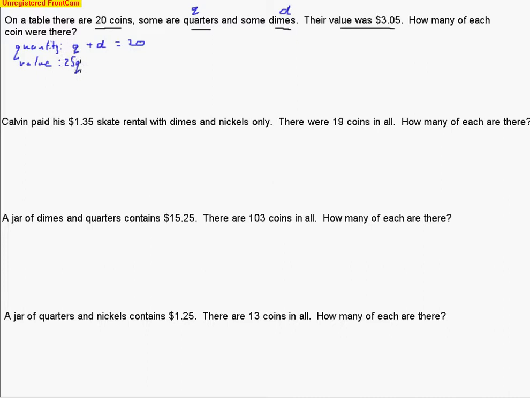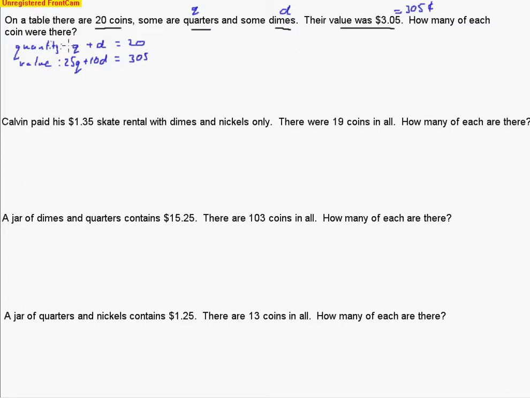So 25 cents times the number of quarters plus 10 cents for the dime times the number of dimes equals the total value. I'm going to change this to 305 cents altogether, since I'm dealing in 25 cents and 10 cents increments. The key is you always have to have the same units when you're trying to solve an equation.